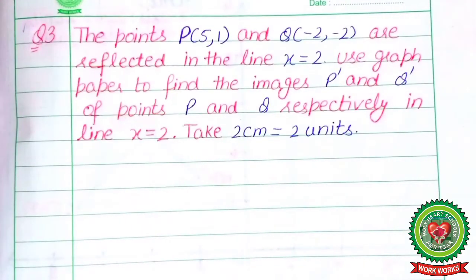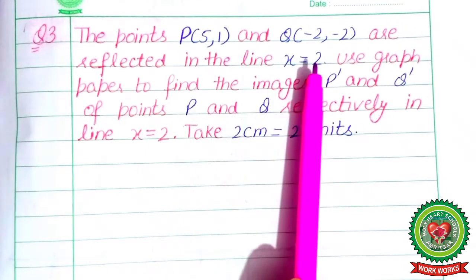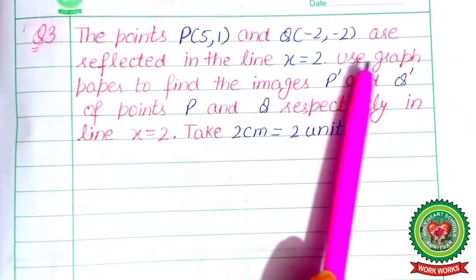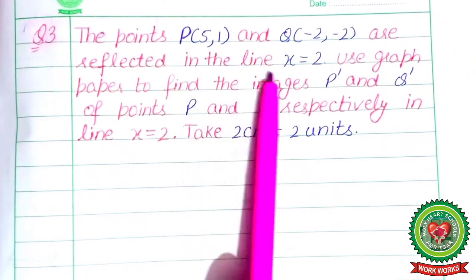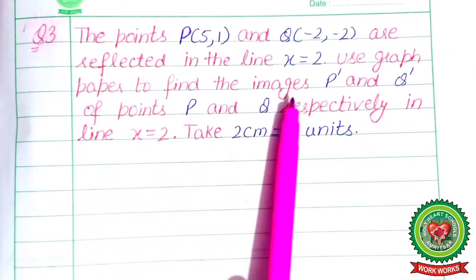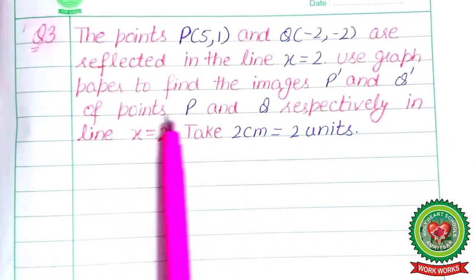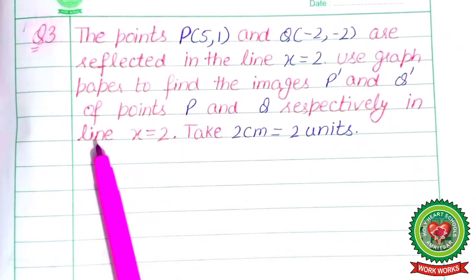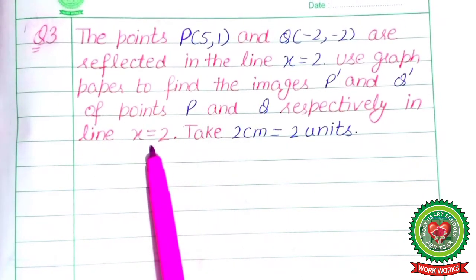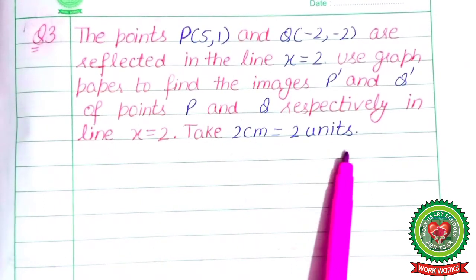Now the next example: the points P (5, 1) and Q (-2, -2) are reflected in the line x equals 2. Use graph paper to find the images P dash and Q dash of points P and Q in the line x equals 2, and take 2 centimeter equals 2 units.